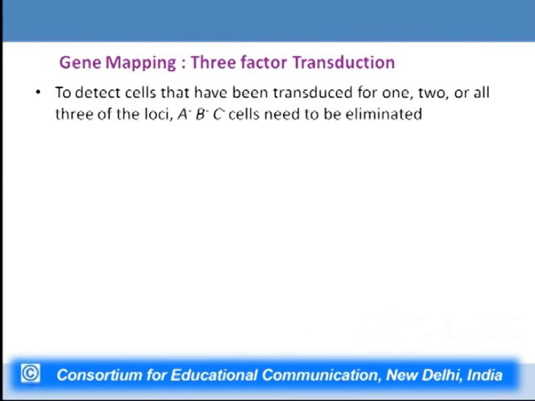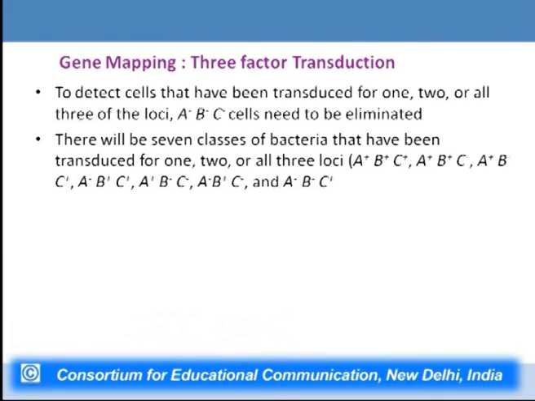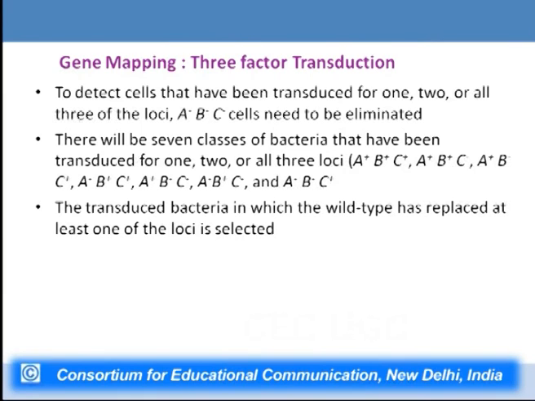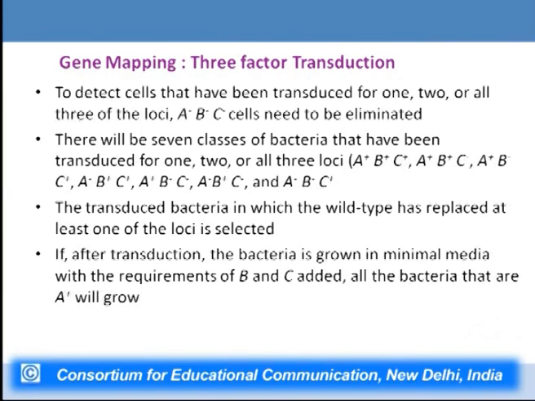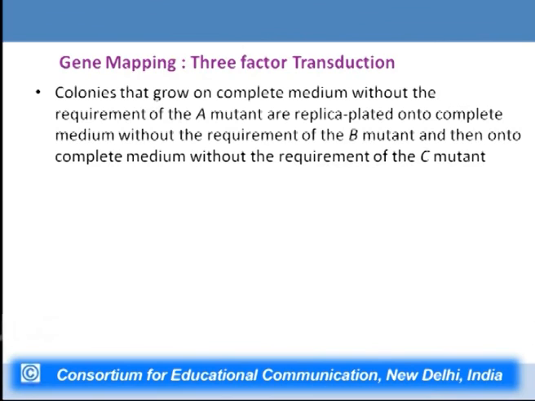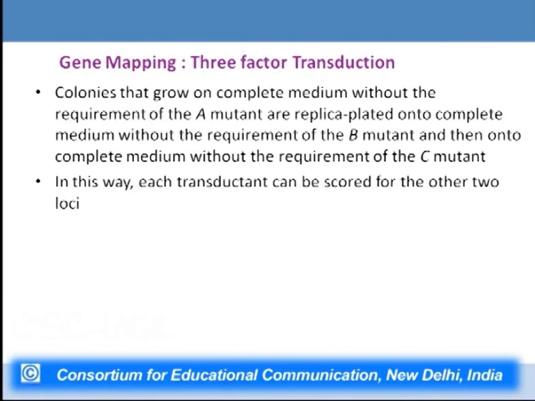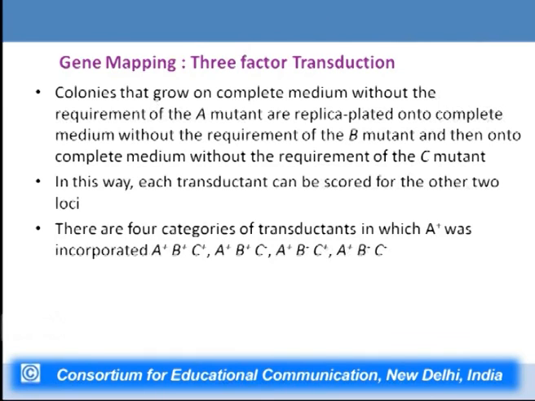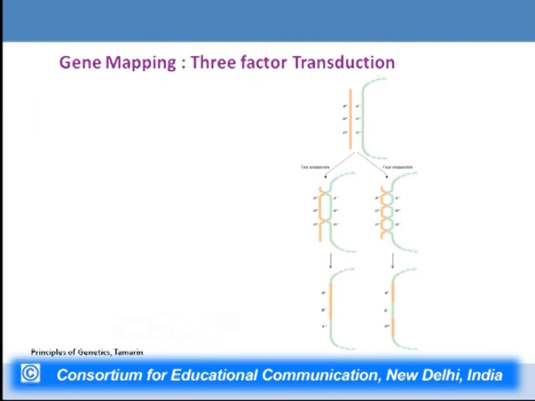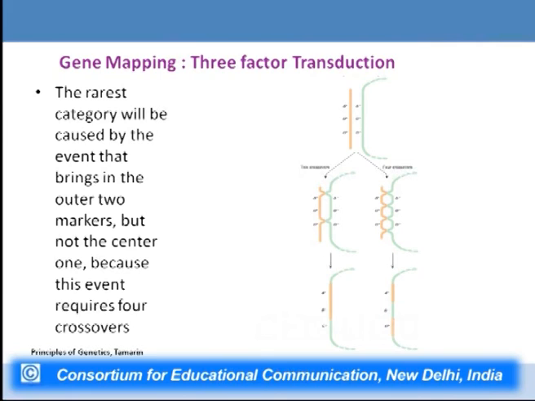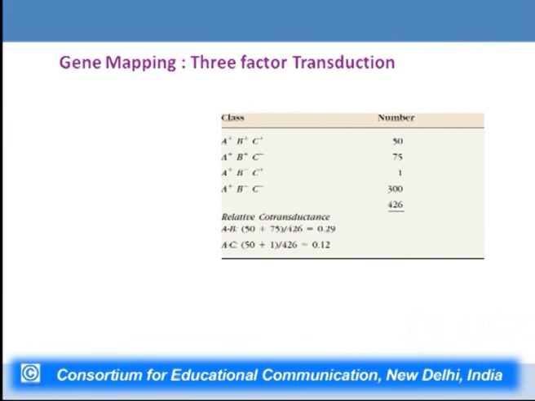Later on, we can select only those strains which have recombined to form the A plus class, that is those which have gained the A plus gene. The colonies that grow in the complete medium without the requirement of the A mutant are replica plated onto complete medium without the requirement of B mutant and C mutant, and in this way we can find out which particular category is least in number, and that category is the double crossover category.